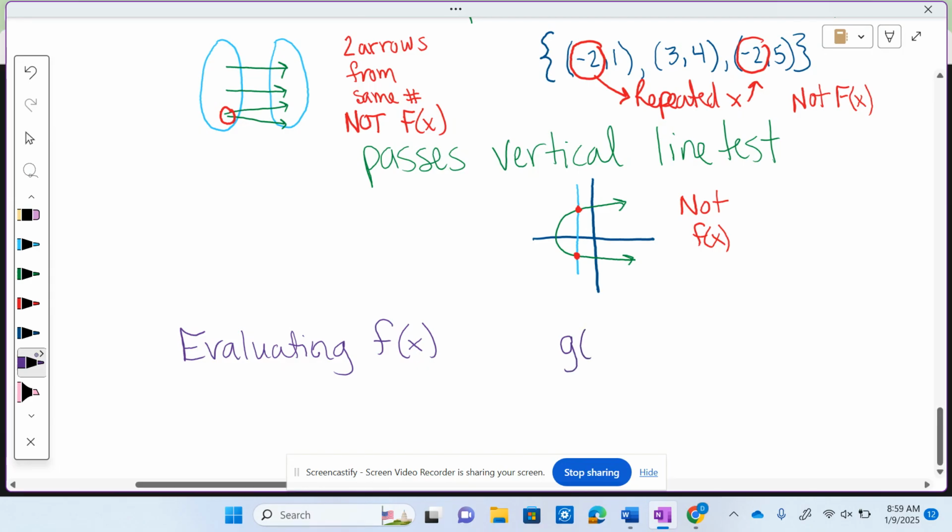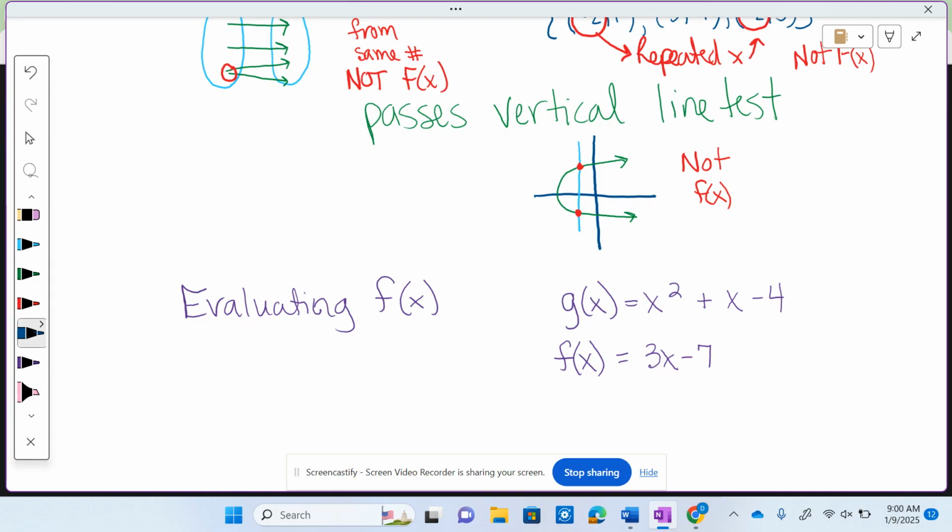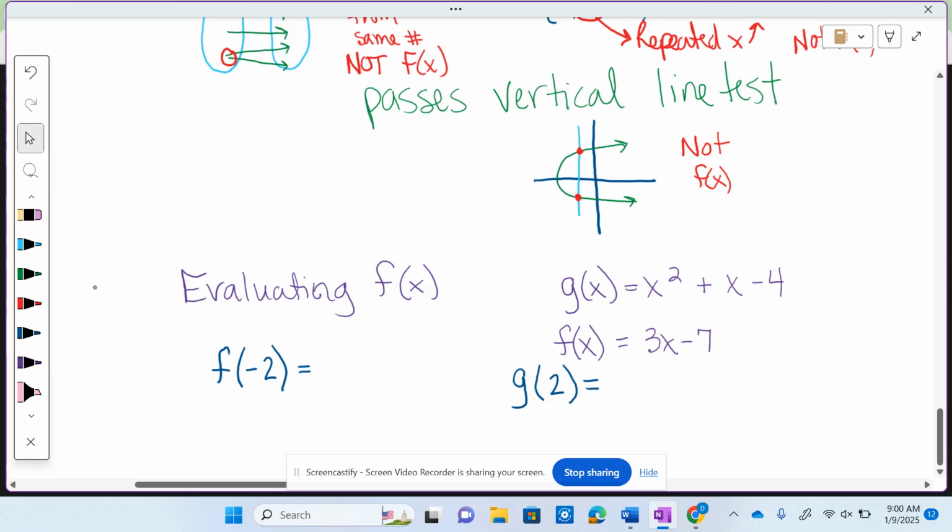I'm going to tell you that g of x is the function x squared plus x minus 4, and that f of x equals 3x minus 7. If I said f of -2 equals, and then I wrote g of 2 equals, what does that mean?